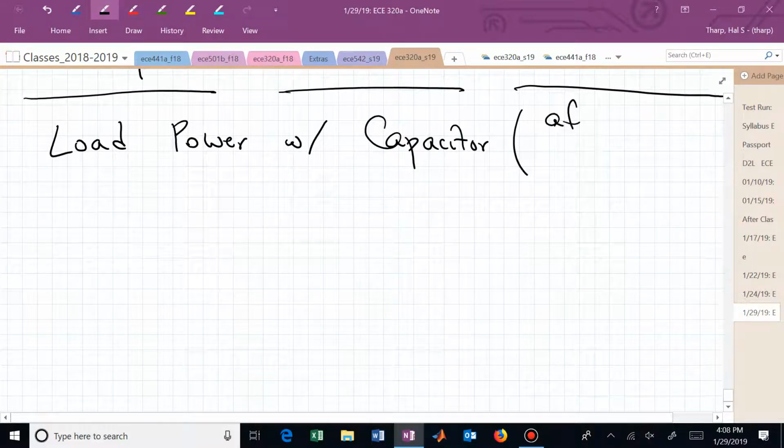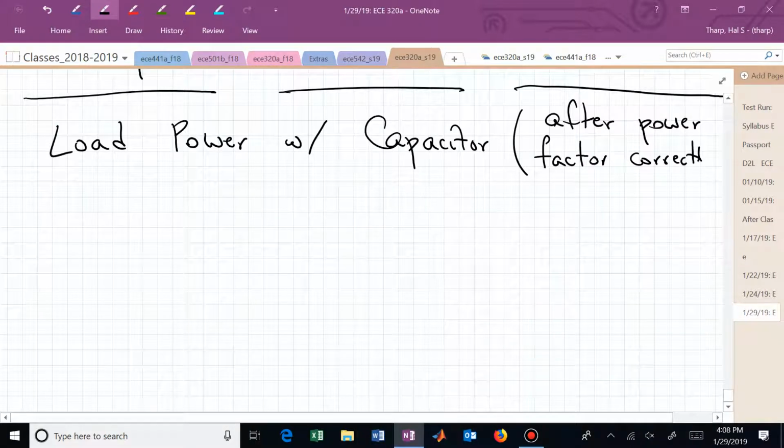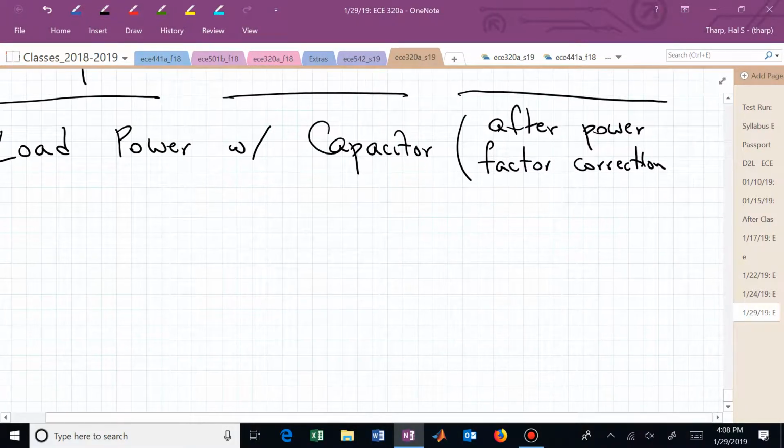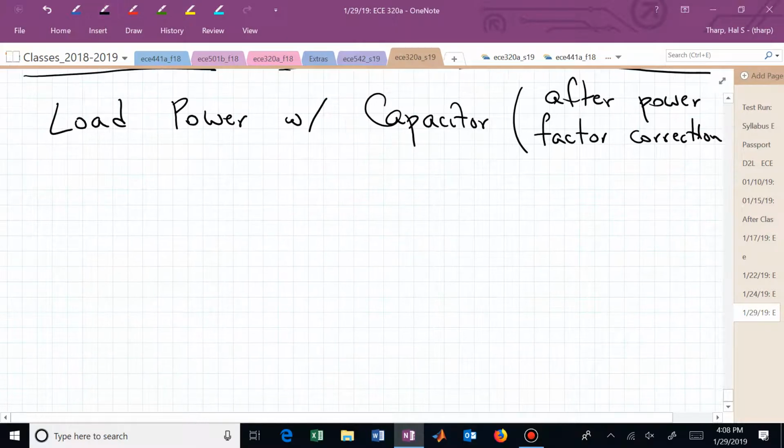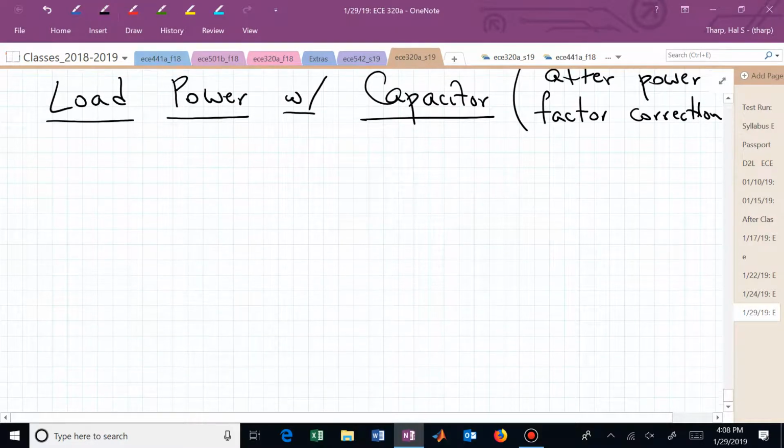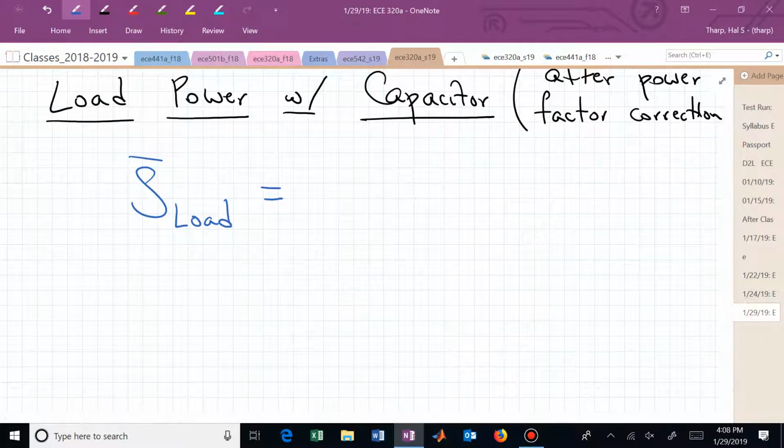Or this is now after doing the power factor correction. Just believe me now, I guess.